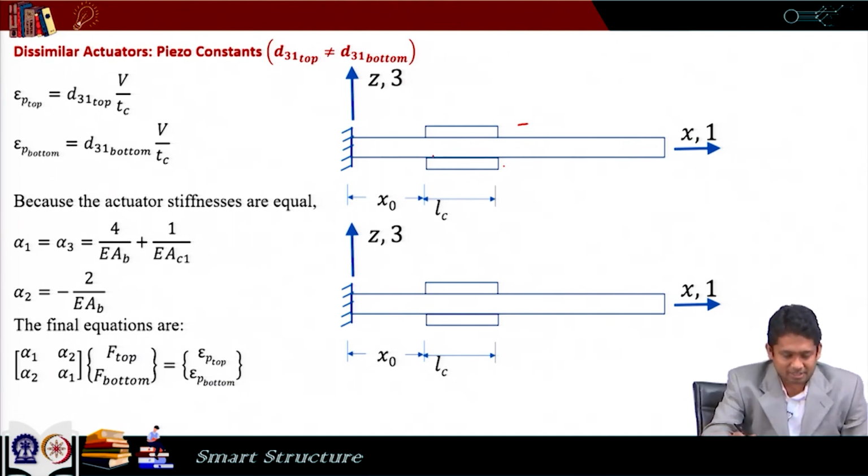So, again a similar thing happens here: even though the same voltage is applied at top and bottom, the forces can be different. So, we can write the same thing.